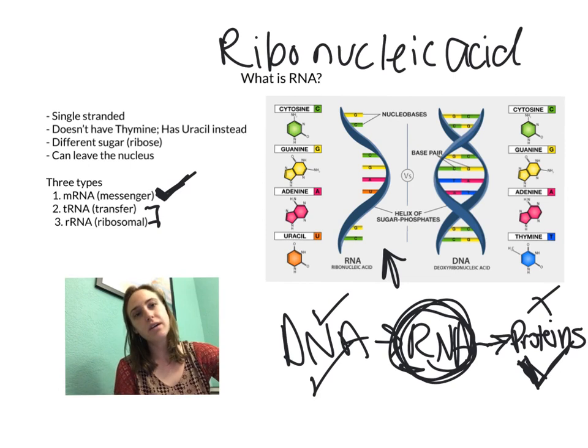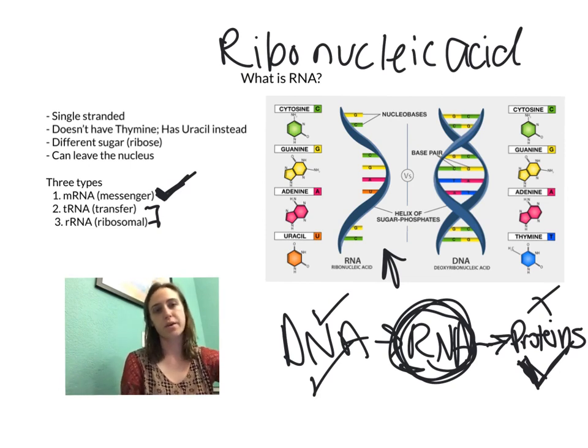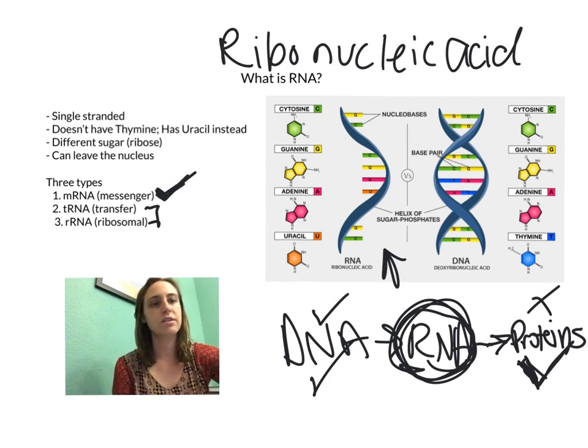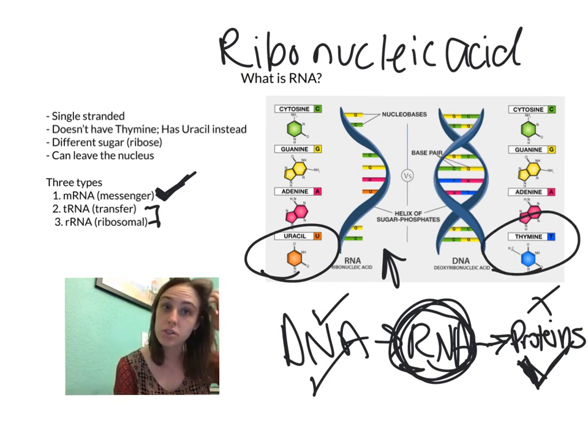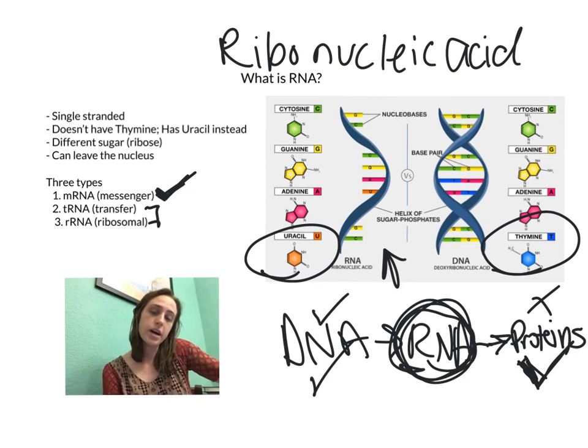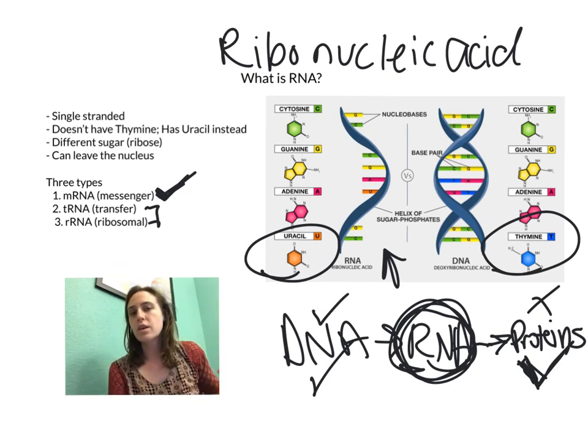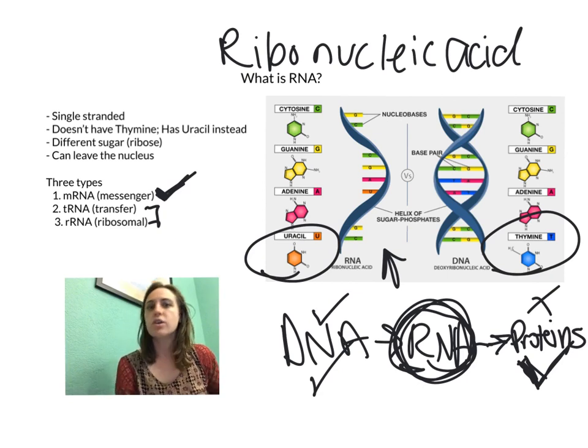And you still have a lot of the same parts. However, notice the difference here. Instead of thymine, you have something called uracil. So now we're adding another letter into our alphabet of genetic code in a way. Everywhere that you would put a thymine, you're going to put a U, which would be uracil.